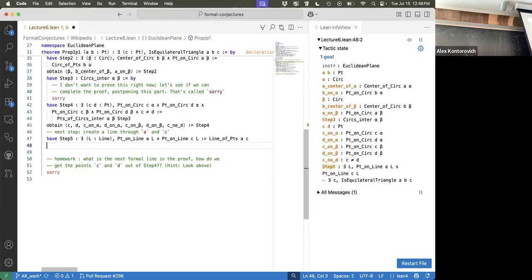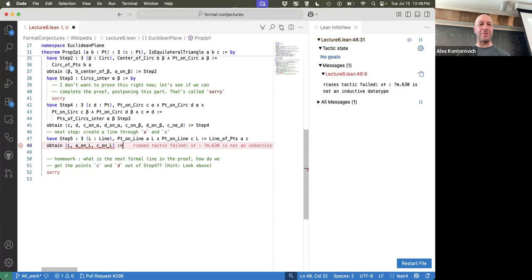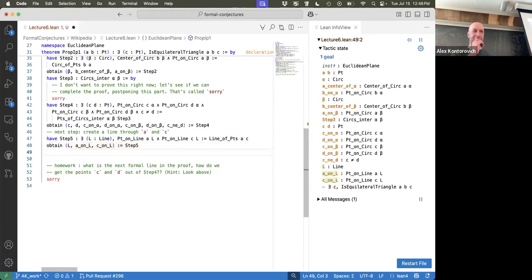Okay. Santosh, thank you. So let's obtain. What's the information that we want to obtain? There's the line L, the fact that A is on L, and the fact that C is on L. So it's a triplet: A on L and C on L. And that triplet we obtained from step 5.